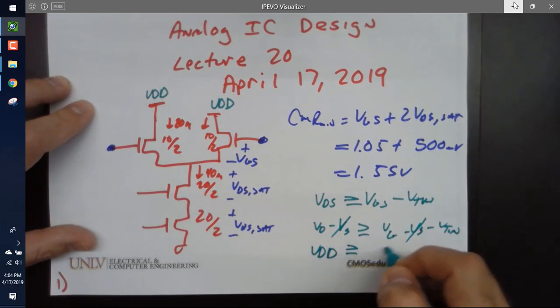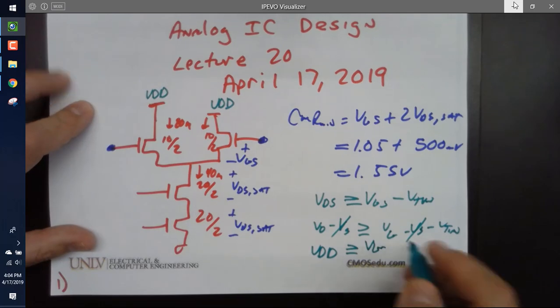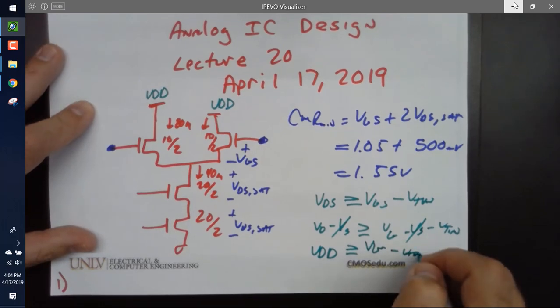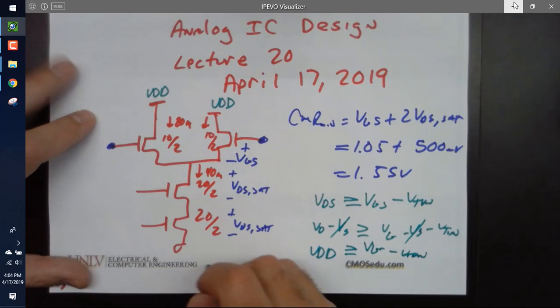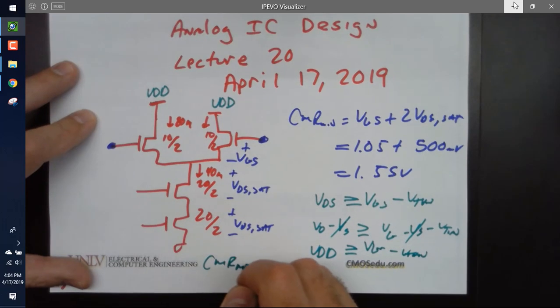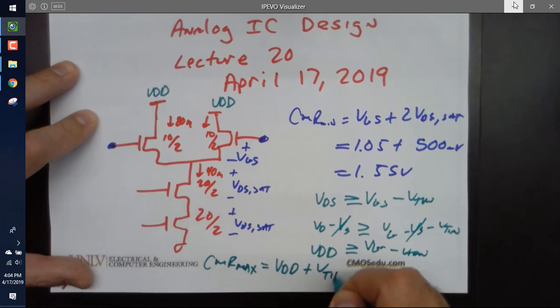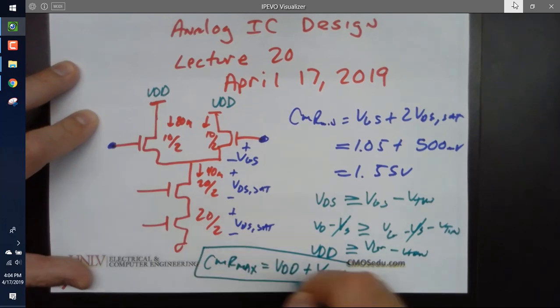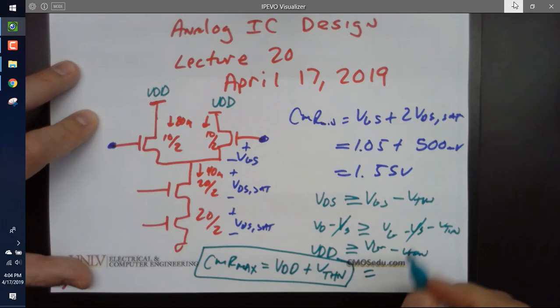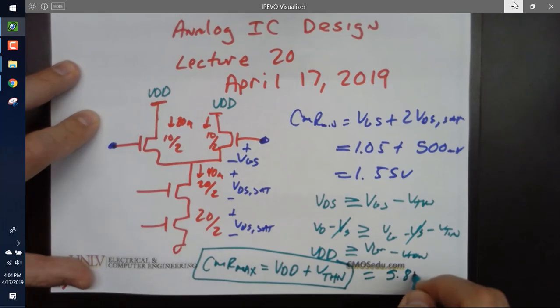And then this is our input. V gate is our max input common mode range. And so our common mode range max is equal to VDD plus V threshold N. In this case, that could be equal to 5.8 volts.